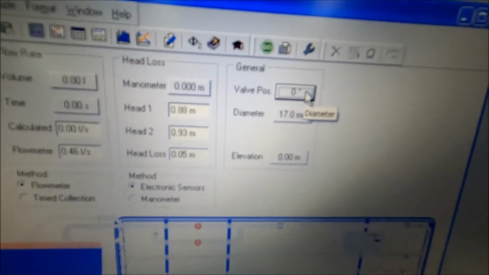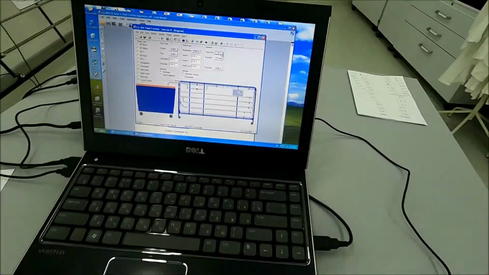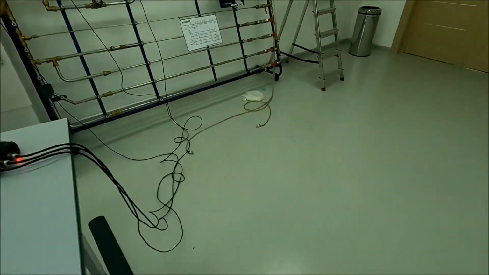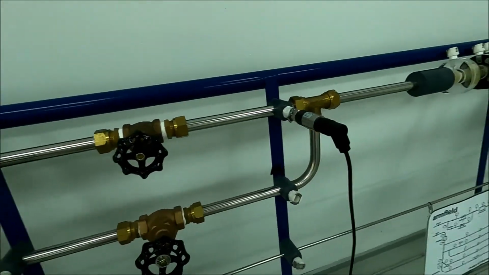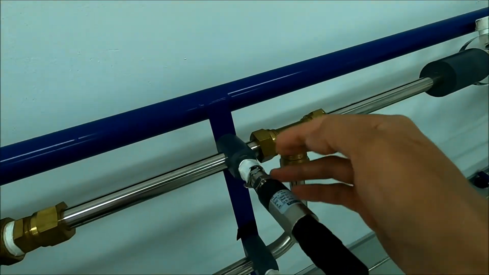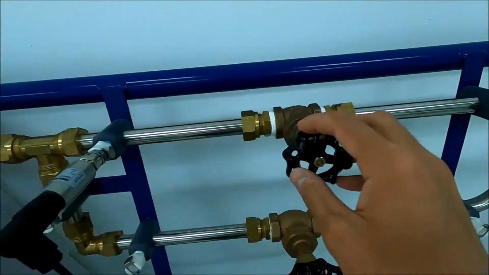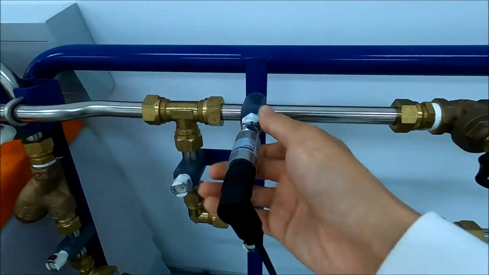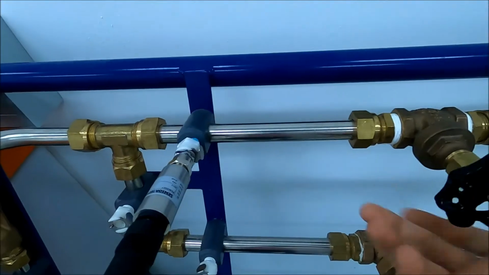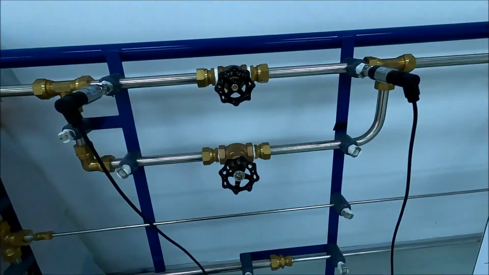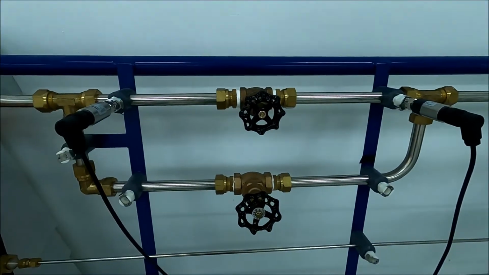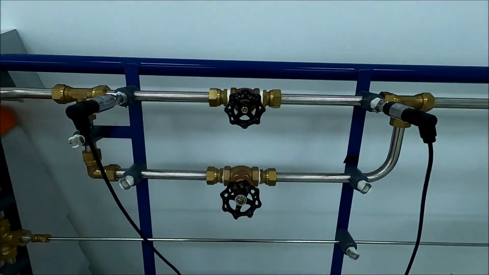The starting valve position is 0, and the sensors are already connected. The first sensor will be connected to the inlet of the gate valve, and the second one to the outlet.